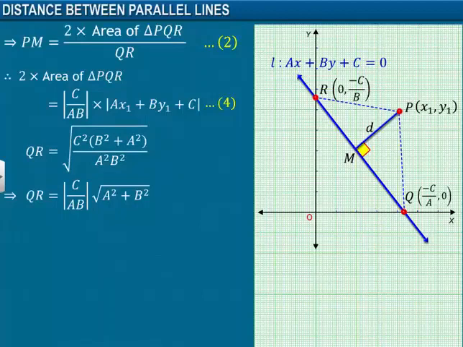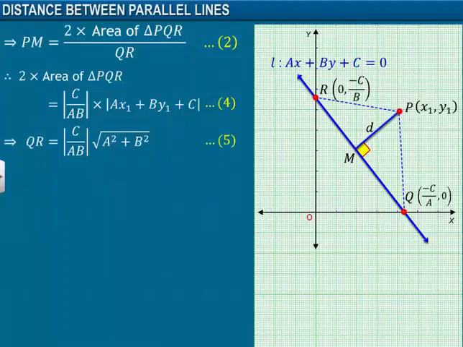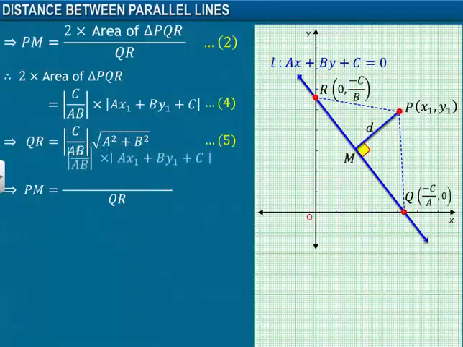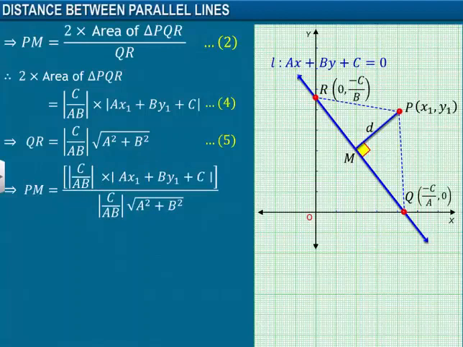Let us substitute the values of twice the area of triangle PQR and length QR from equations 4 and 5 respectively in equation 2. On simplifying, we get the value of PM as shown.